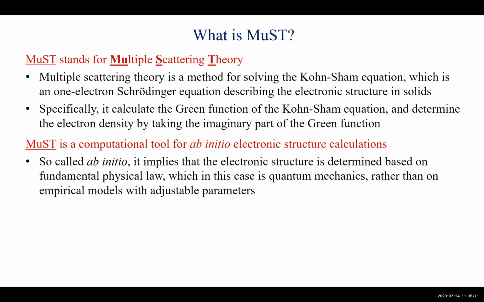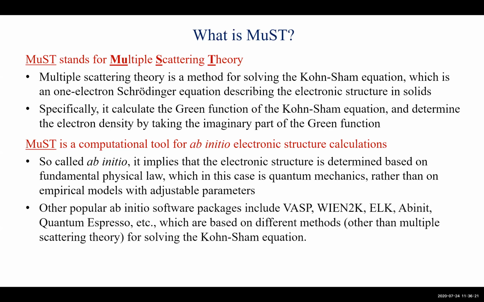This method tries to quantitatively determine the properties of real materials. Of course there are other ab initio methods, like VASP, Wien2k, ELK, ABINIT, Quantum ESPRESSO, and many others as well.